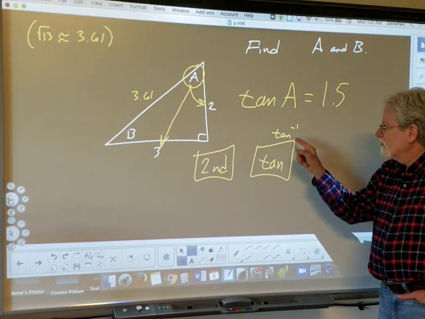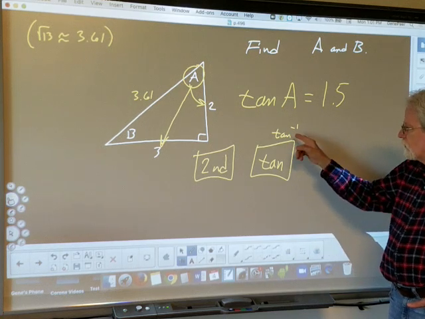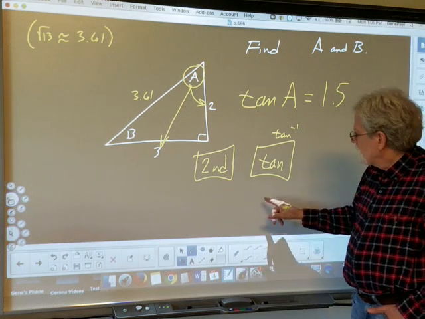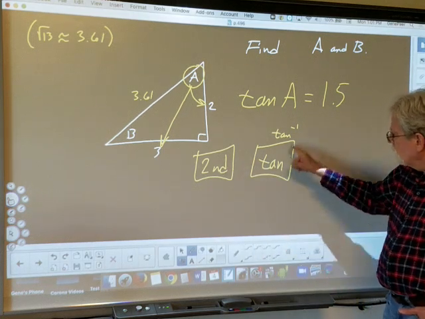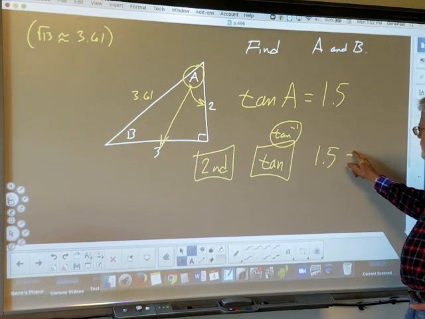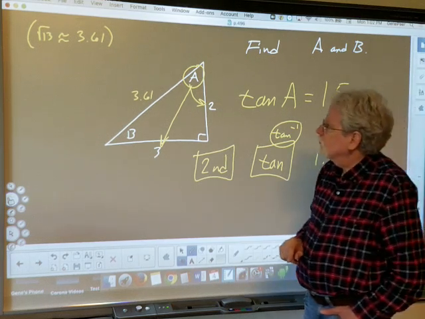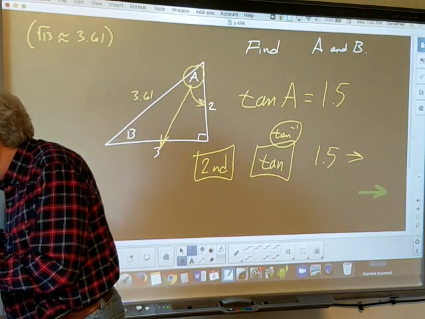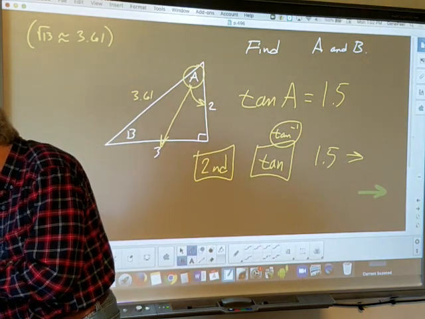Well, that's not actually to the -1, that's the way we write inverse tangent. So we hit second inverse tangent of 1.5, and the calculator will give us an approximation of the angle. I don't know what it happens to be, it's in the book. I don't even know what example this is.